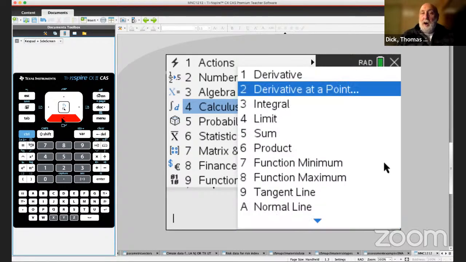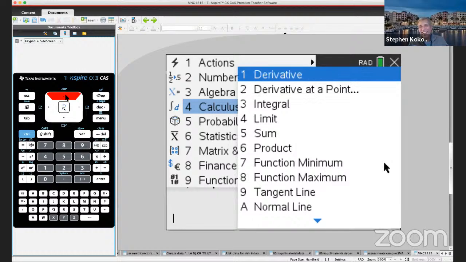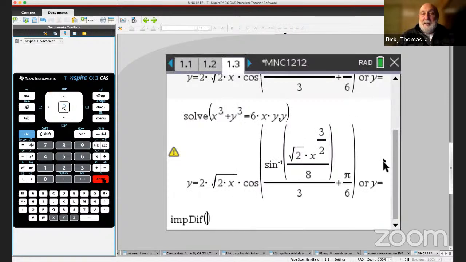I overshot, so I'm going to go up. There it is, implicit differentiation. Let's hit enter on that. You could also just type IMP-DIF if you remember that's the shorthand notation for implicit differentiation.